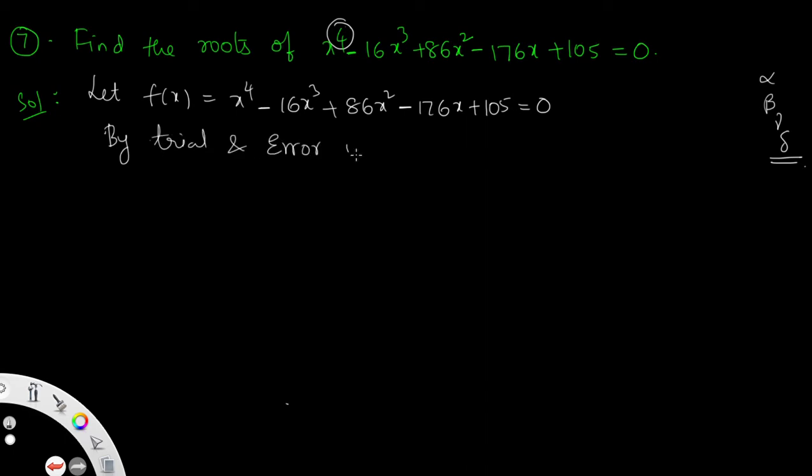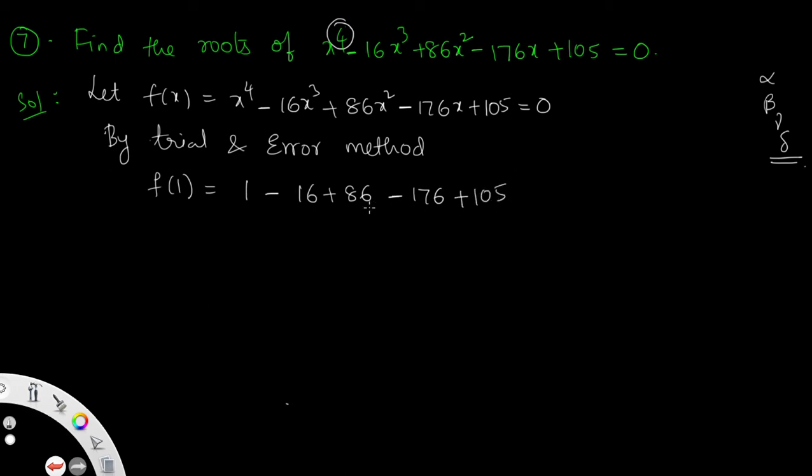By trial and error, put values into the equation: start with 1, then go to minus 1, or else 2 and minus 2, or 3 and minus 3, and so on. Substituting x equal to 1, that is f of 1, gives 1 minus 16 plus 86 minus 176 plus 105.